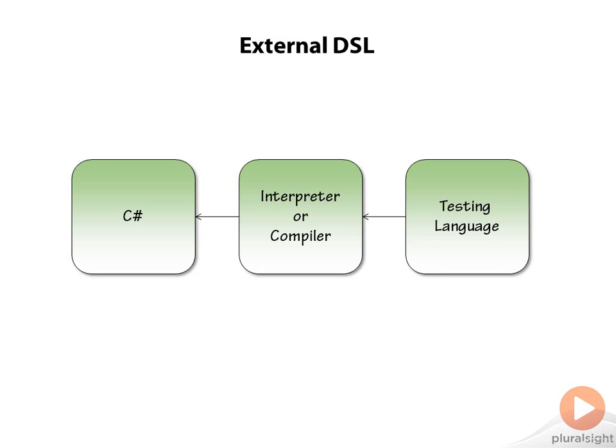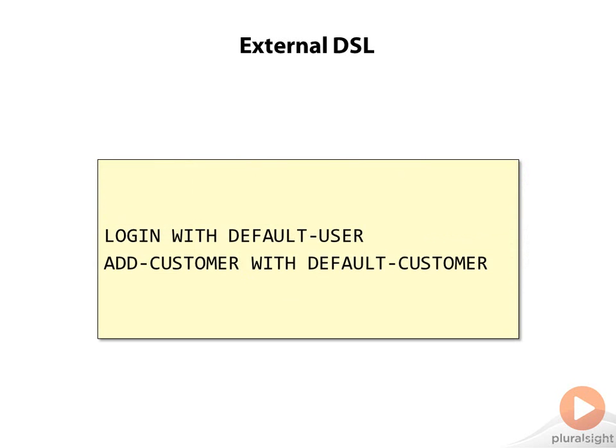So let's take a look at an example of what an external DSL for an automated testing framework might look like. This same example, as we had seen with our internal DSL, we've been able to make things a lot more succinct because we're able to create our own keywords, our own entire language.